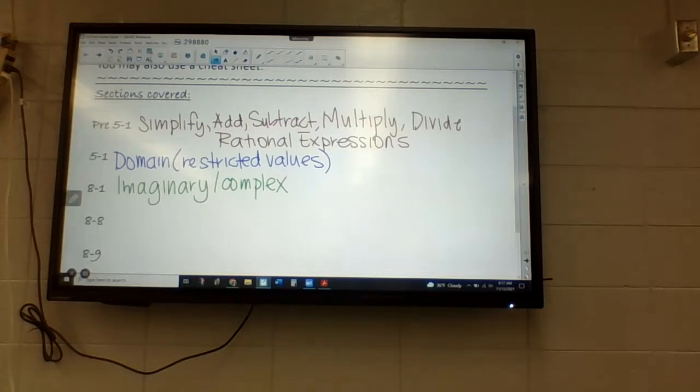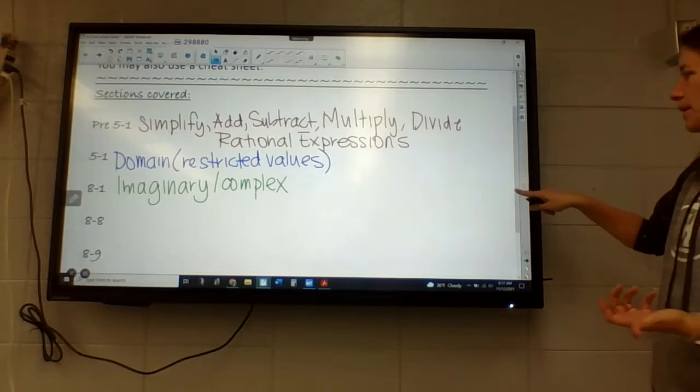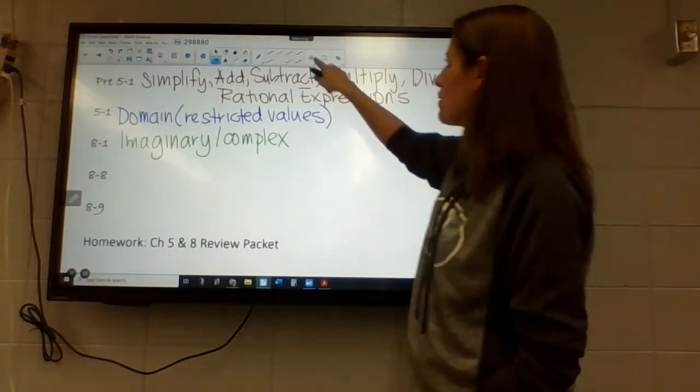And then in 8.8 is where we started to learn about multiplicity, that zeros can repeat, and being able to find all those different zeros.